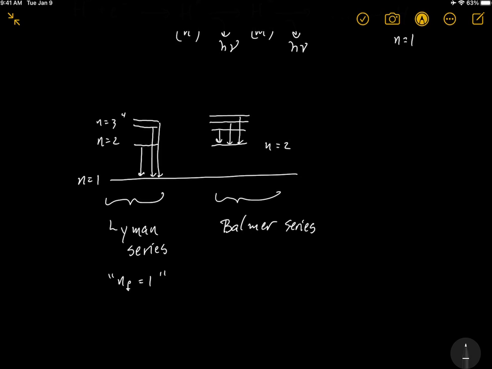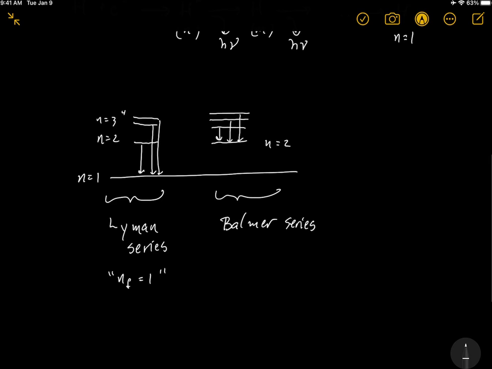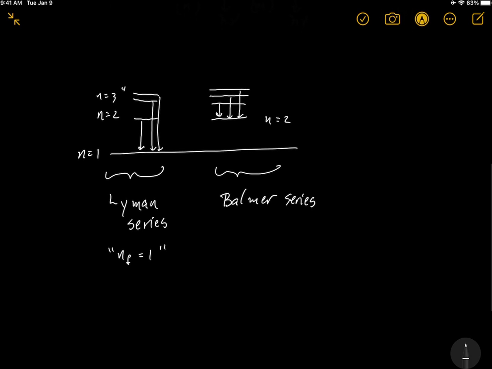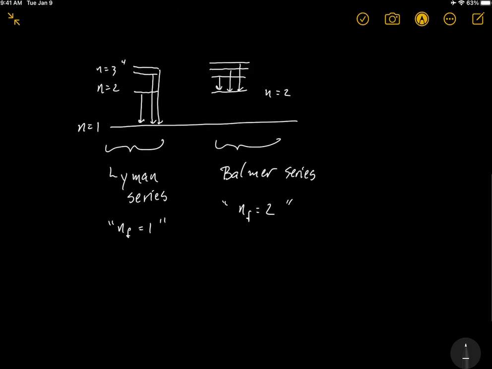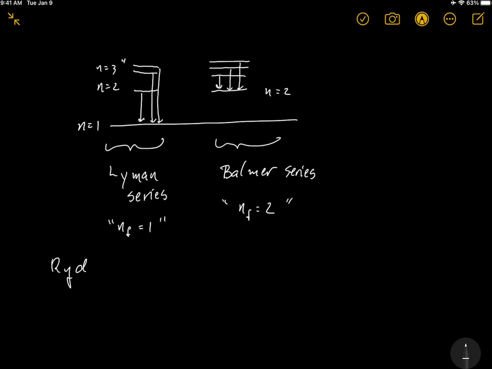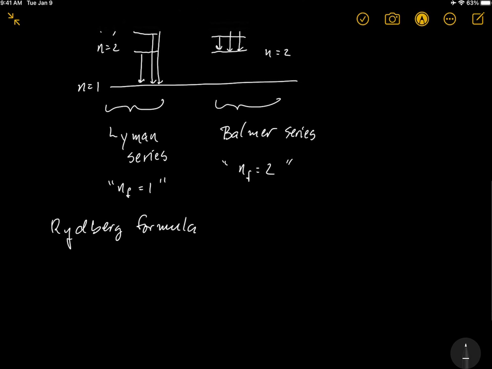What else to say about that? Oh, yeah. One of the things, of course, that led to the development of the quantum theory was this Rydberg formula, which we now have a physical justification for. And nf equals 2. The Rydberg formula tells us that delta E is equal to h nu.